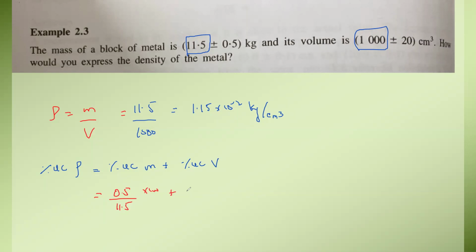That will be 20 divided by 1000 into 100. So that will give us the percentage uncertainty in the density. What's the answer? 20 into 100 divided by 1000, and then plus 0.5 into 100 divided by 11.5.